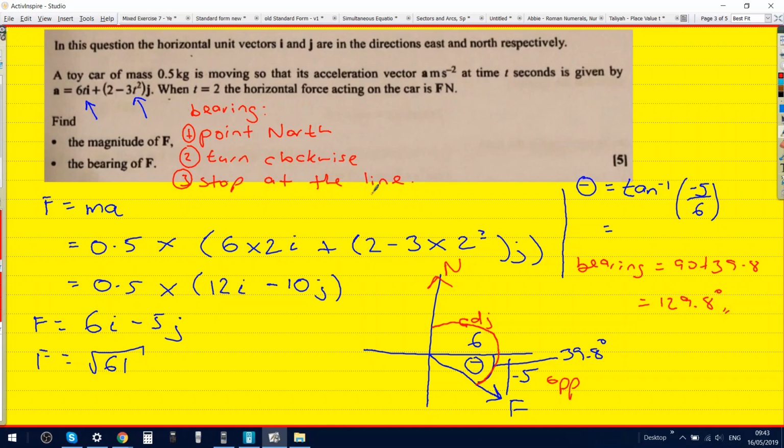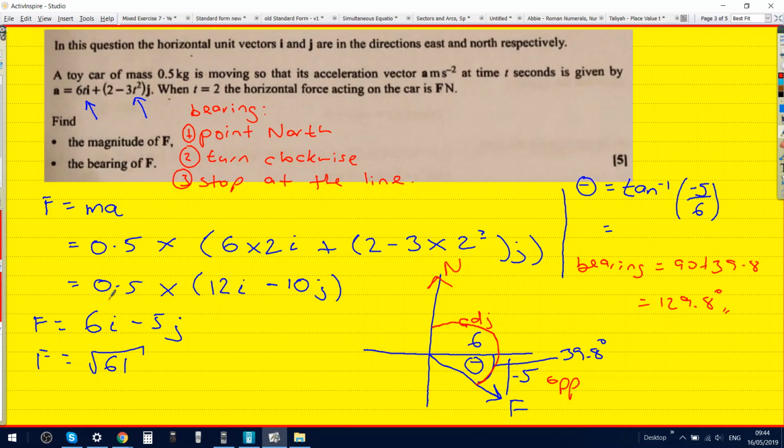So let's see. They asked for F, the force, and they gave us the mass and the acceleration. So we're using F equals ma, and you use that a lot in different things. A had t in it, so we just had to sub in that t to turn it into a number.